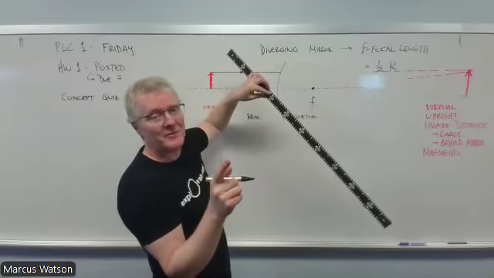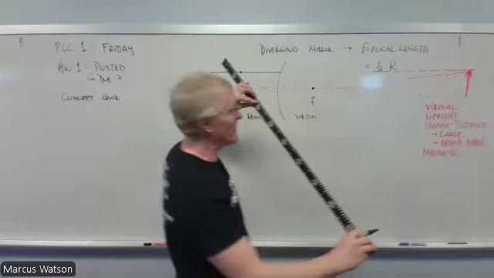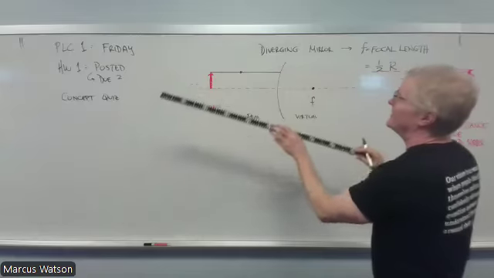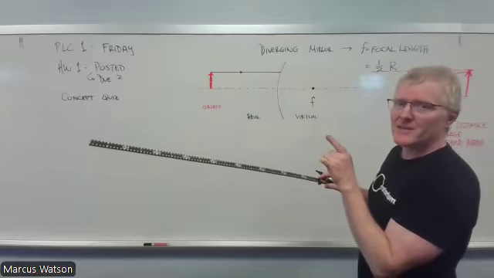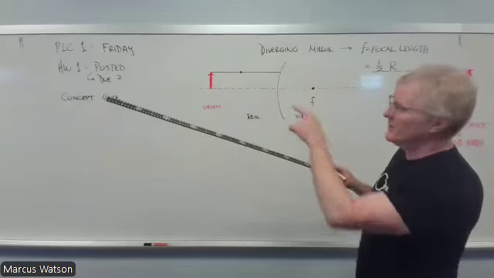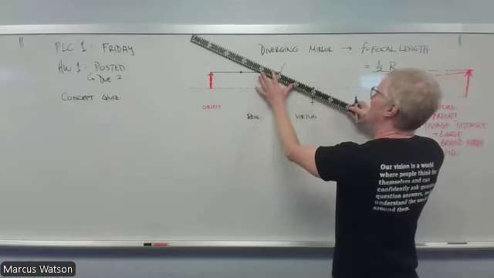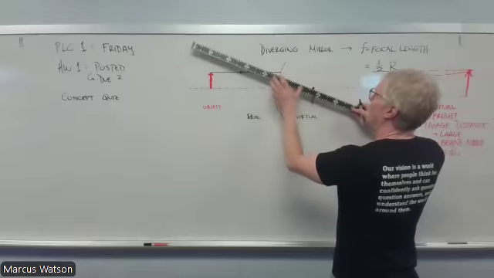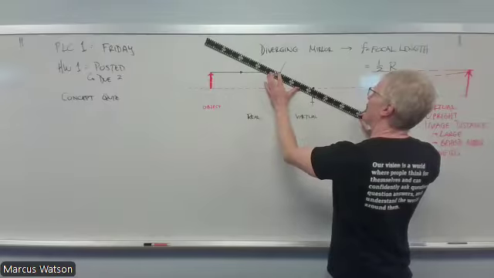So I have to have a different idea about how to draw ray number 1. Ray number 1, therefore, goes on the path that connects the focal point to where the ray hits the mirror. So my ray hits the mirror here, the focal point is there, so I'm going to connect those two like that.